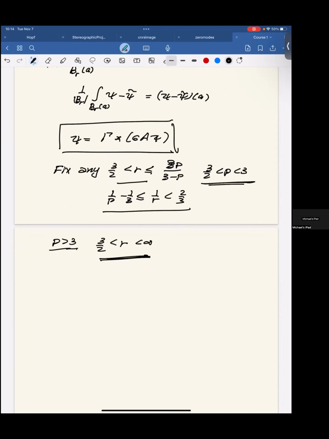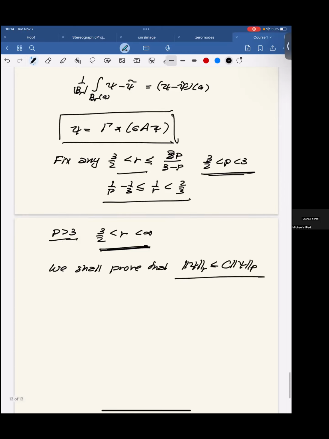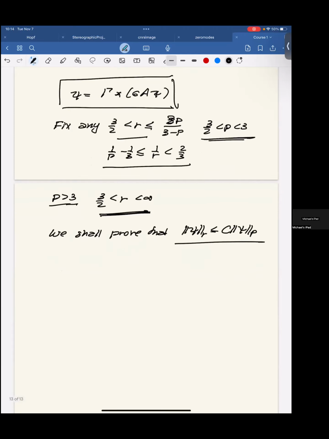All right? And what we shall show is that the psi R norm is less than a constant times the psi P norm. By the way, this proof which I'm going to give had sort of a little history.